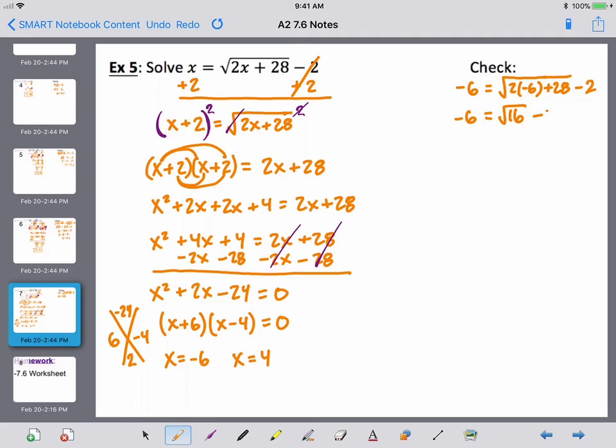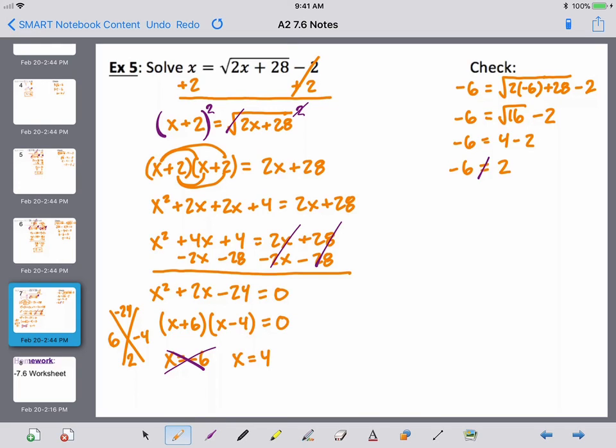So the square root of 16 minus 2. The square root of 16 is 4, and 4 minus 2 is 2, which is not negative 6. So this is not true, meaning negative 6 is what we call an extraneous solution. That's not really a solution to this equation.